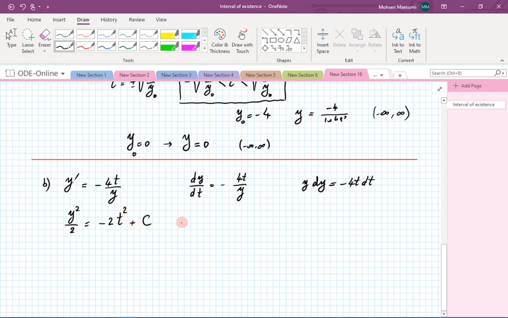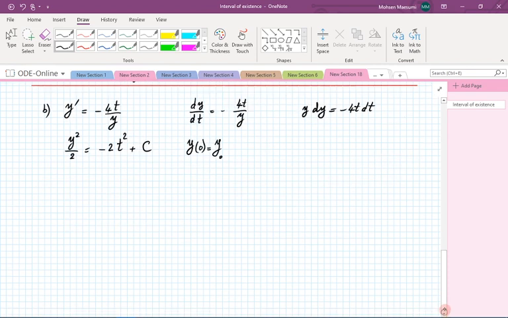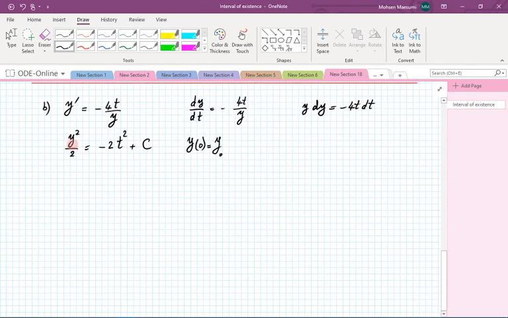We said the best place to apply the initial condition is as soon as the constant shows up. That's probably the easiest place to do this thing. So if time is replaced by 0, this has to be replaced by y0. So let's do that.